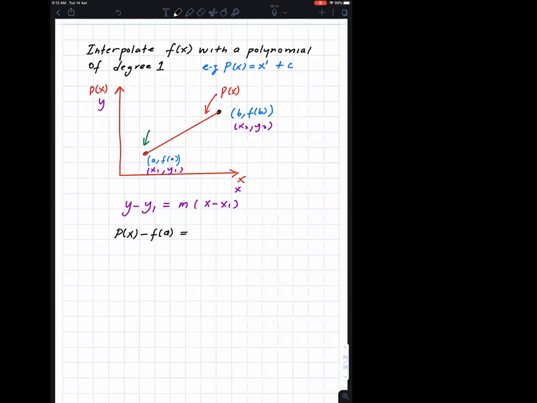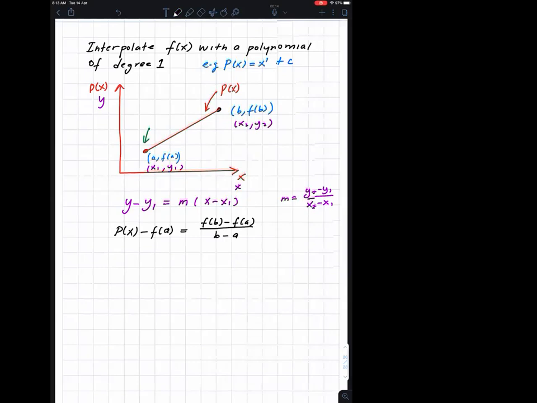The slope is f(B) minus f(A) divided by, you remember the slope of a straight line in college algebra, y2 minus y1 divided by x2 minus x1, or the other way around, but you have to be consistent on the numerator and the denominator. That's the slope of the line.